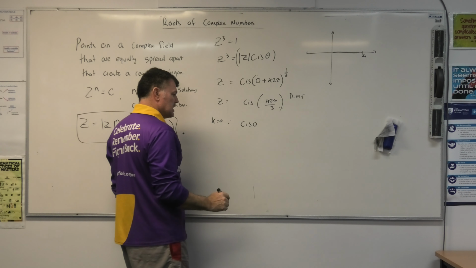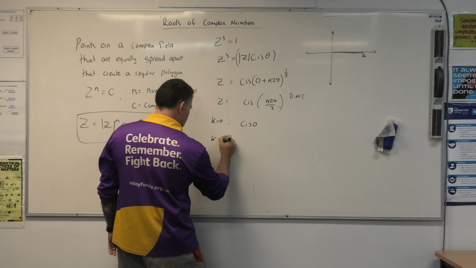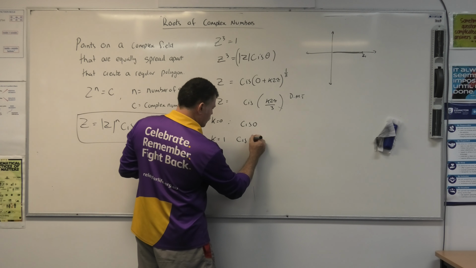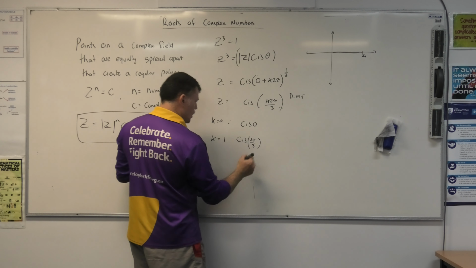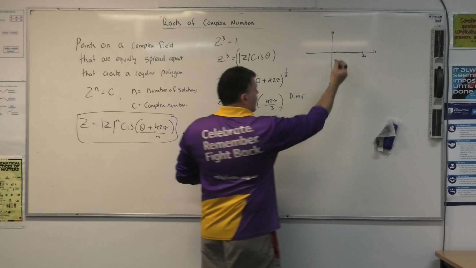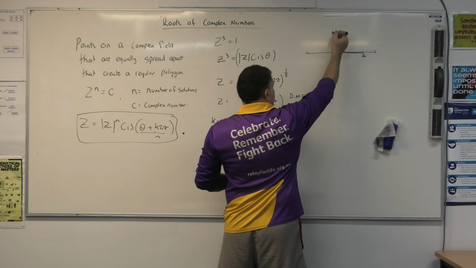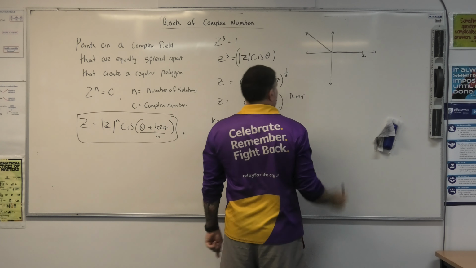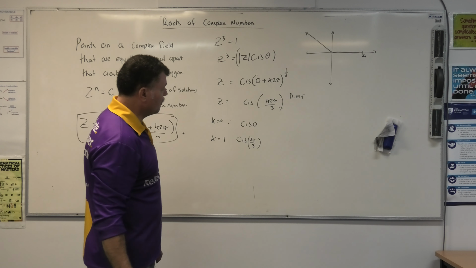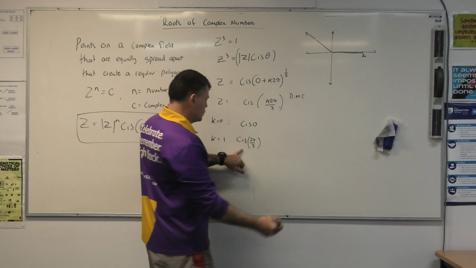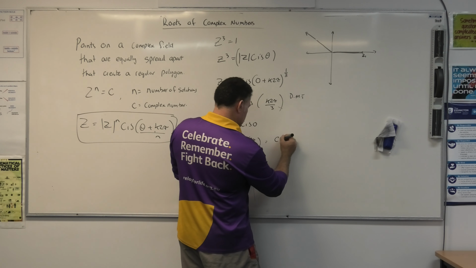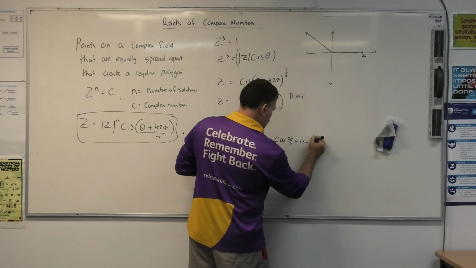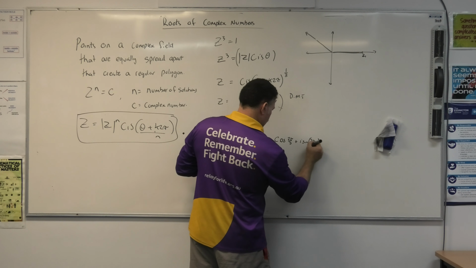I then look at my next value, when k is equal to 1. I'm replacing the k with 1, so I have cis 2 pi on 3, which means I'm coming up on my unit circle, and 2 pi on 3 is in this quadrant here. So I might say around there, it's probably a little bit further around, but I need to find the exact coordinates. Remembering this can be rewritten as cosine 2 pi on 3 plus i sine 2 pi on 3.